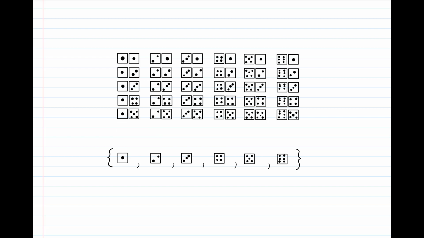What if we just take the set of all 6 faces of a die? Let's call that set D. Okay. Look again, I'll show you with these green arrows. Okay. Now, let's write that set D.